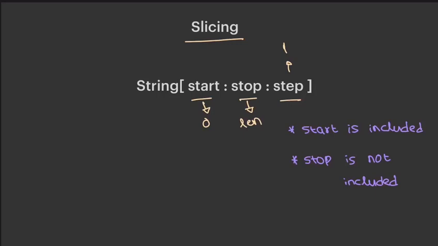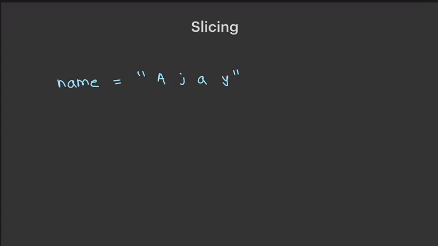One thing we have to understand: whenever we are taking a substring, the start index is included while the stop index is not included. Let's see that with the help of an example. Consider this, and we have the positive indices and also the negative indices in place in Python. Now, if I want to obtain a specific substring, let's say I have to start from j and go till a.